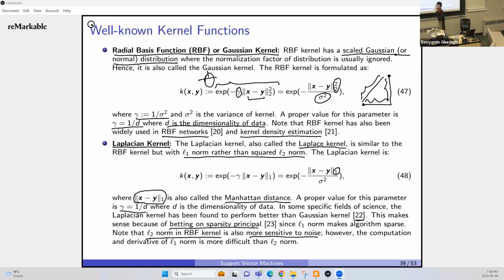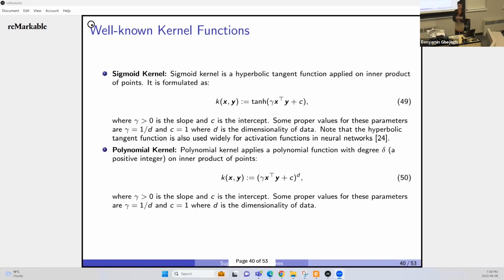Why? Because it has a square. Whenever you have a square, you should be scared of outliers because you magnify the outliers. So one of the drawbacks of the L2 norm is magnifying the outliers, although the L2 norm is easier to work with than the L1 norm.